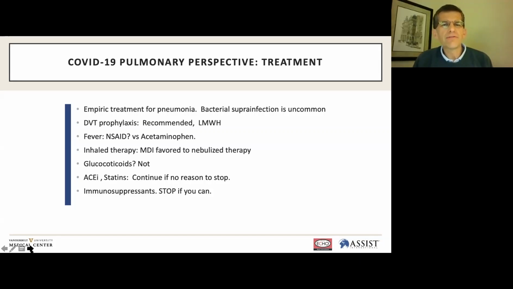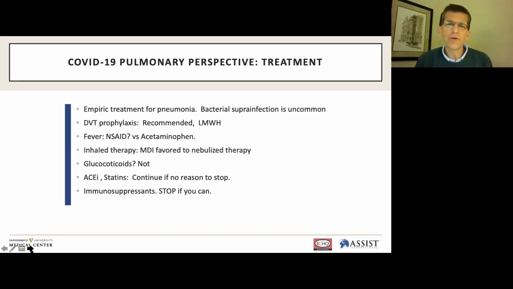How do we handle the fever? Well, NSAIDs have been questioned. The data is not out there totally to formally prevent us from using it. Acetaminophen may be preferred. Inhaled therapy for people with asthma or chronic airway diseases needs to be still provided.